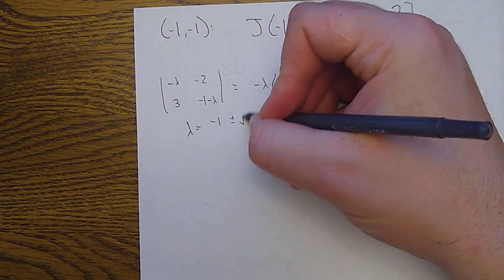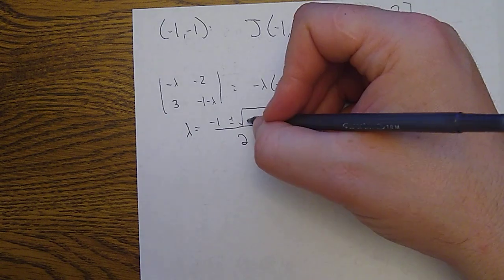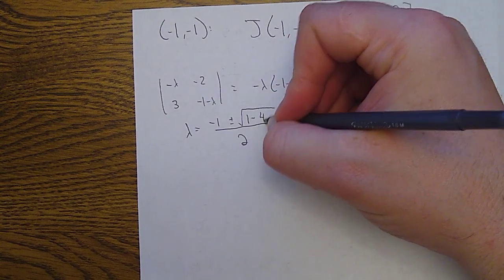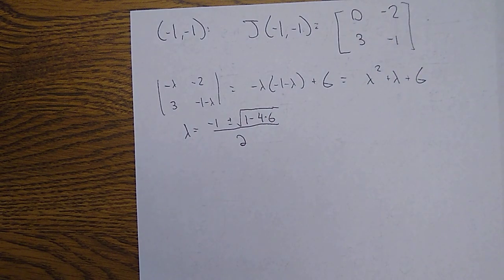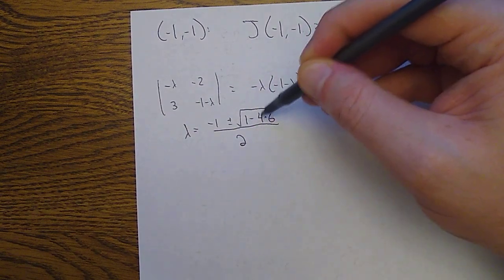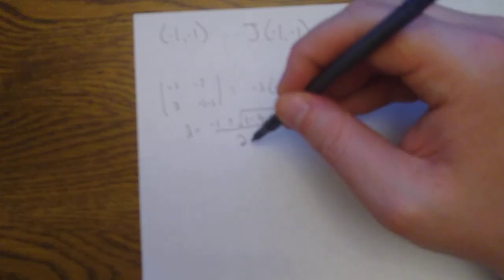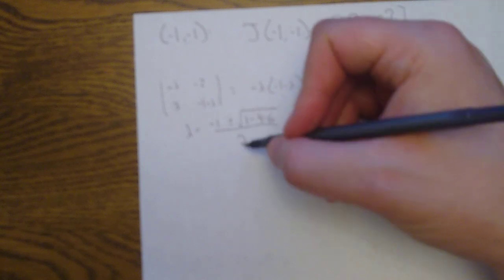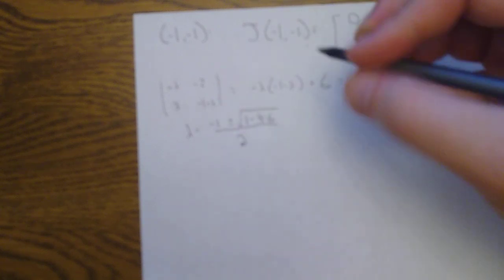Negative 1 plus or minus the square root of b squared minus 4ac. And actually right here I can see what's happening. It is going to be complex. I do see a square root of a negative number here. So what do I care about from this point on? I care about the real part. If the real part is negative, which it is, the real part is going to be negative 1/2.